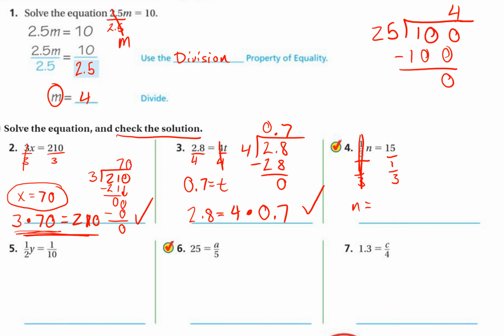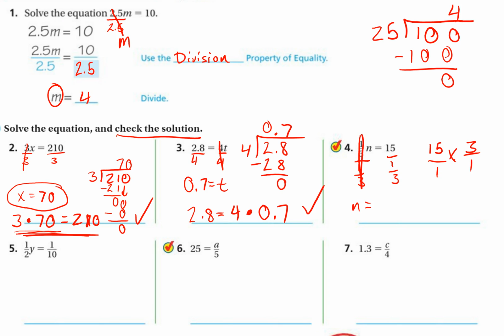Now, the other side, we have 15 divided by 1/3. Okay. Well, now we're in a copy, change, flip situation. Copy the first one, change the division to multiplication, and flip or give me the reciprocal of the last one.